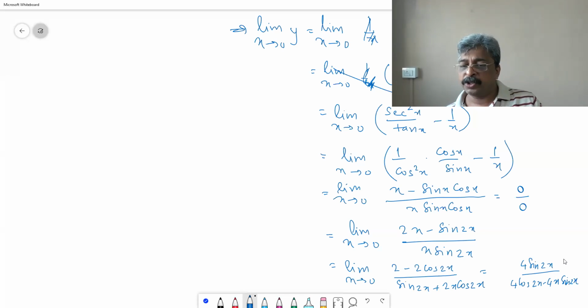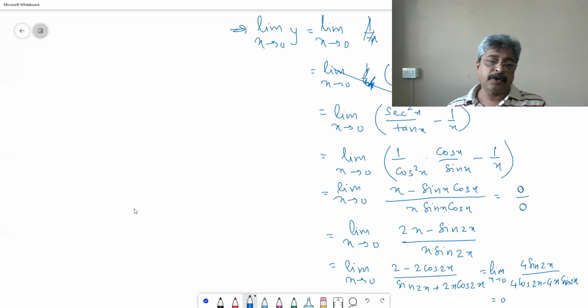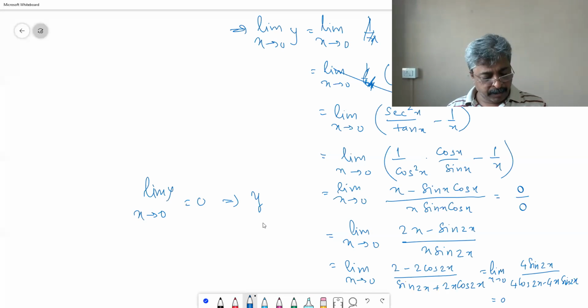I am applying L'Hopital and L'Hopital and L'Hopital. Okay, and I have reached this stage where I got 0. Therefore, limit y as x tends to 0 is equal to 0. Hence, limit log y, log of this is equal to 0. Therefore, limit y as x tends to 0 is equal to e raised to 0 is equal to 1.